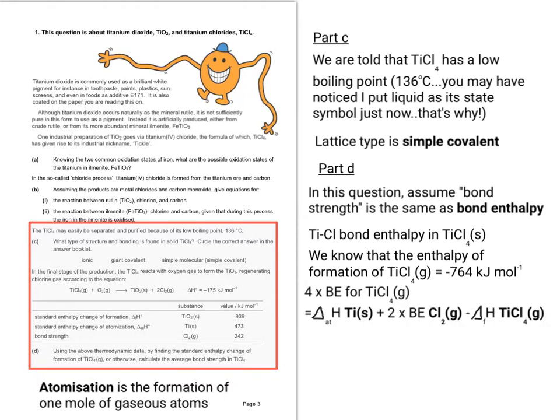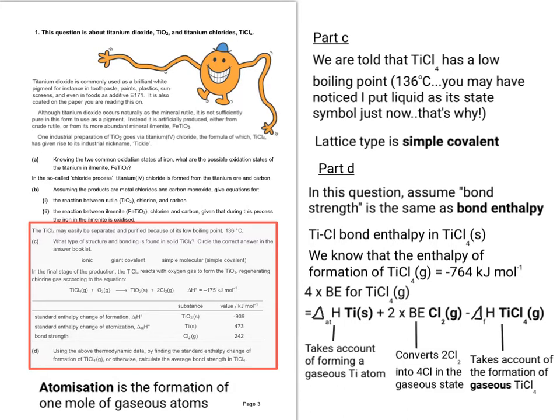So here's the way you do it. So the atomization of titanium solid takes account of forming a gaseous titanium atom. If you do the bond enthalpy of a chlorine molecule twice, that converts 2 Cl2 molecules into 4 chlorine atoms in the gaseous state.